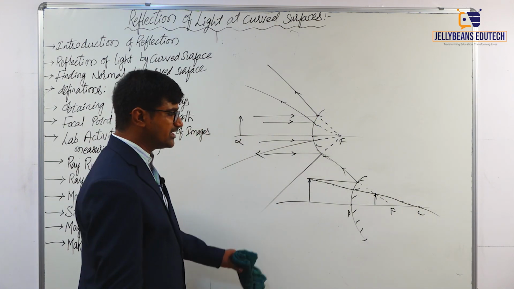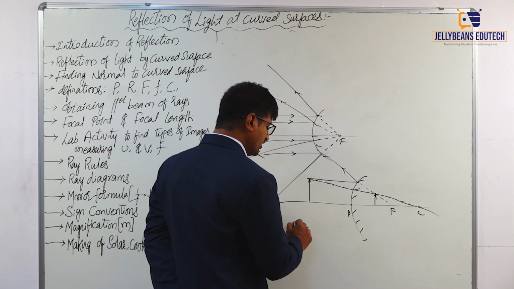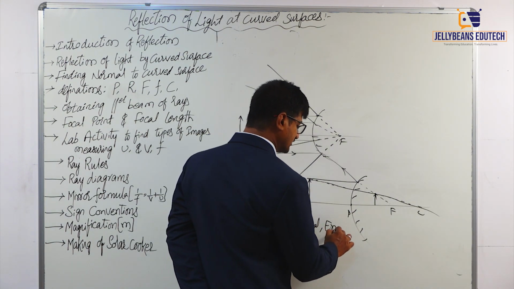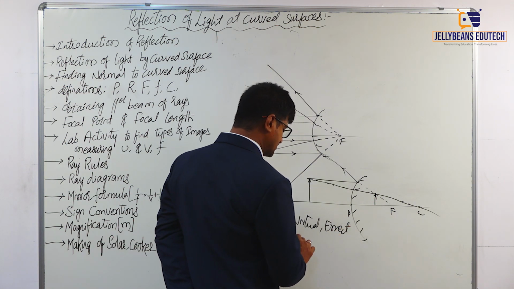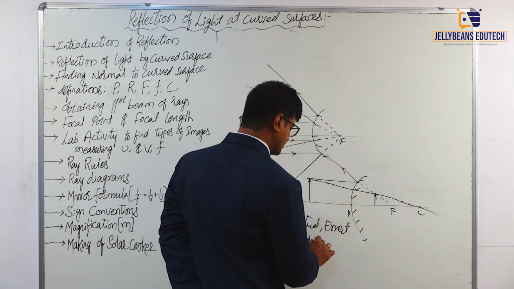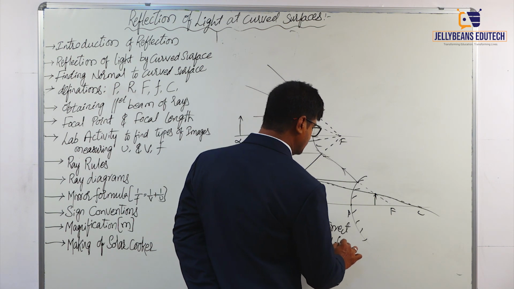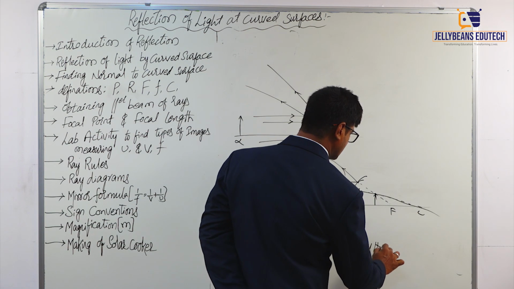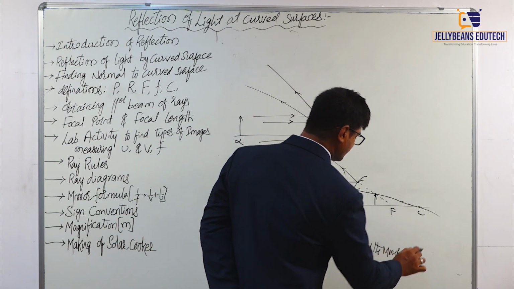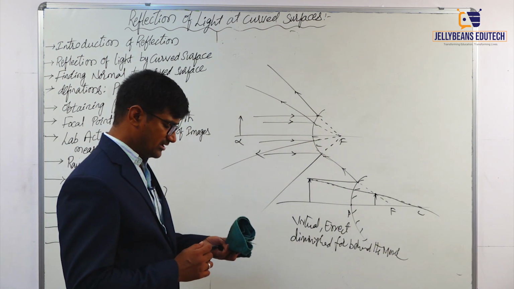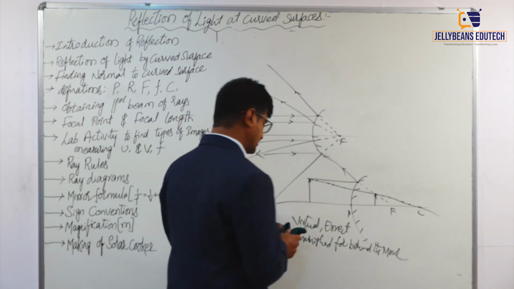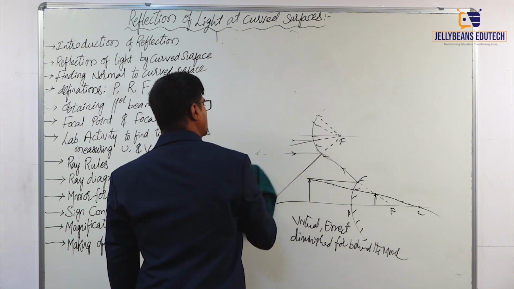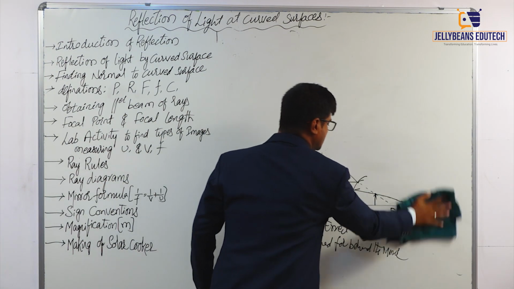The nature of the image is virtual, erect, diminished, and formed behind the mirror. So that's why we say we have two positions of images when we consider a convex mirror.